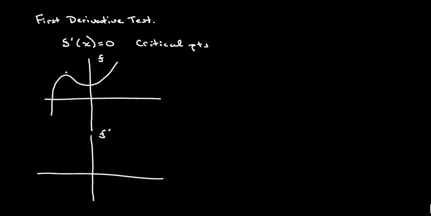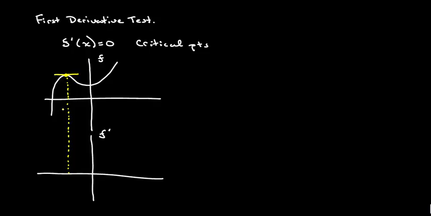When we take the first derivative, we find a critical point and set it equal to 0. We find a critical point at a maximum, local max. Now the reason for setting the derivative equal to 0 is that at the top of a maximum, the tangent line is flat.